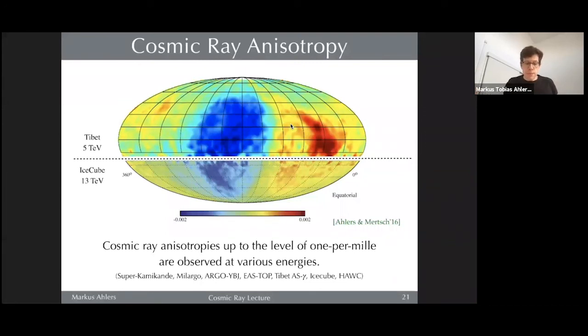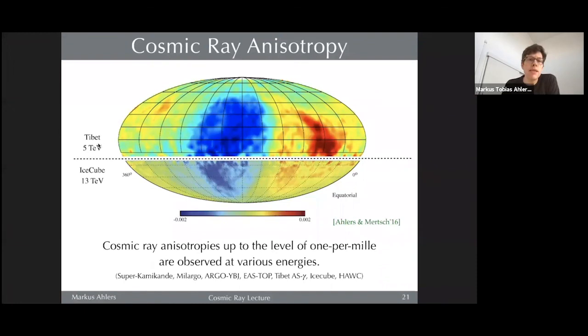And basically, these observatories do not have the possibility to point in a certain direction. The pointing of these observatories is basically done by the rotation of the Earth. So over the course of 24 hours, the ground-based array is scanning the sky, and then after 24 hours, the scanning repeats. If you collect the data over a long period of time, then you can collect your cosmic ray data into individual bins and try to analyze anisotropies.